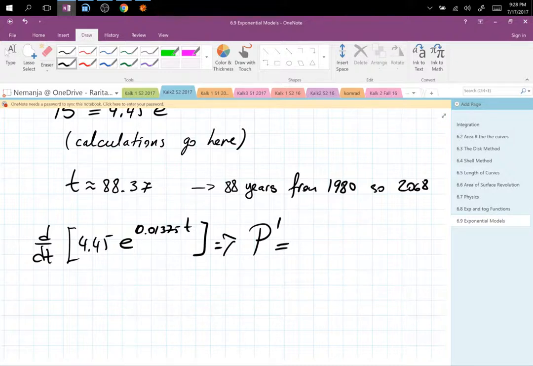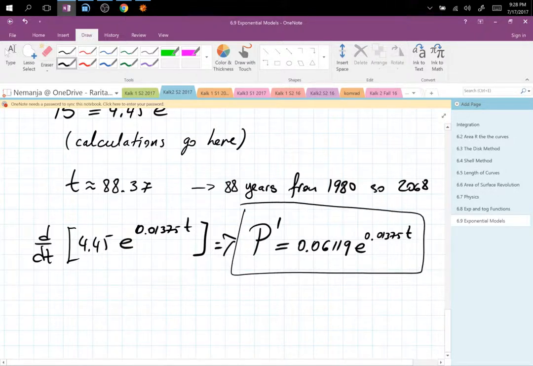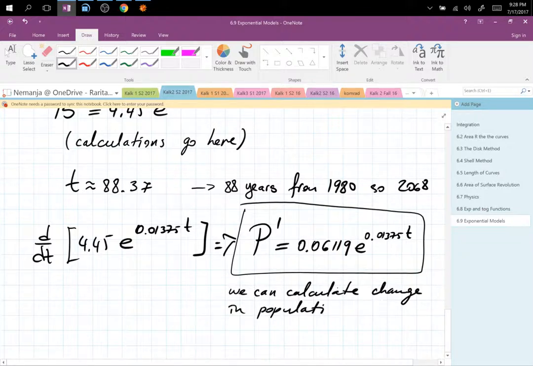So it's going to be 0.0611 e to the 0.01375 t. So this equation over here can calculate the change in population in any given year.